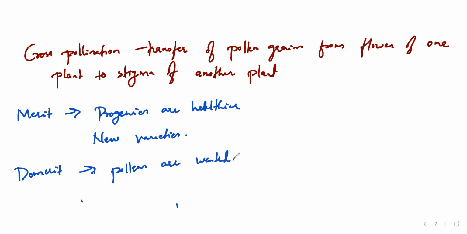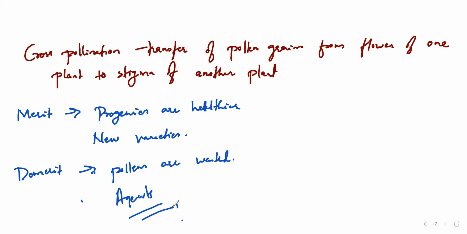And for this cross-pollination to happen, it is all dependent upon what? Agents. So if the agents, whoever is carrying out this pollination process, like wind, water, animals, whatever it is, if they are not properly doing this, then you cannot fully define that particular process.